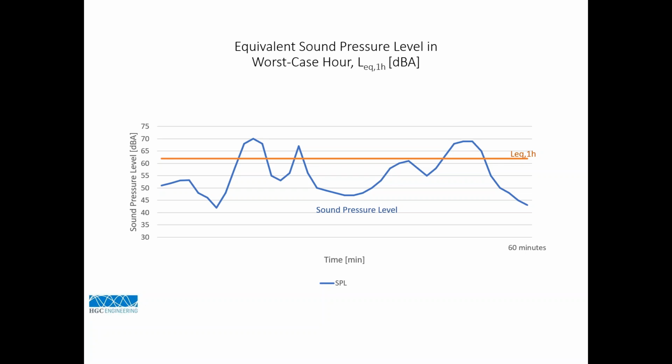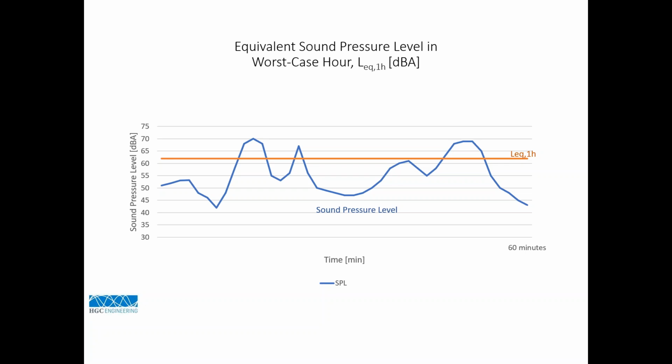In your case, that's the one resulting number that's going to represent the sound level from your site. That is essentially indicated by the orange line across, and in this case it's approximately 62 decibels. So let's say the sound level from your site, total over 1 hour, is an average level that equals 62 decibels.